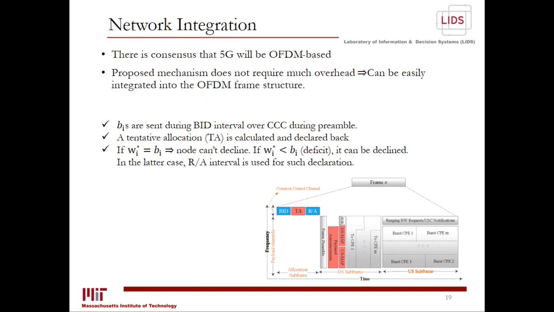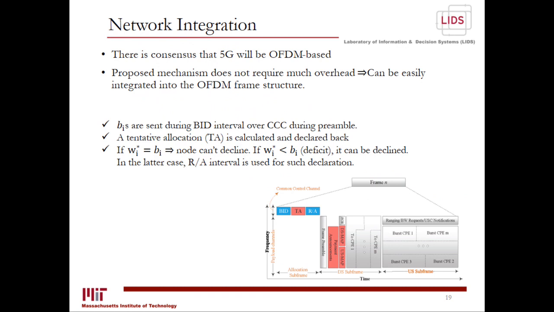What we do is, in OFDMA systems like LTE, we have an upstream subframe, downstream subframe, and allocation subframe. What we do in order to integrate this mechanism is to use the common control channel, which is available. It's currently being used for controlling purposes, and send 3 subintervals over this common control channel. The bid subinterval is used for the devices to find a revenue maximizing strategy and declare those at the same time to the base station.